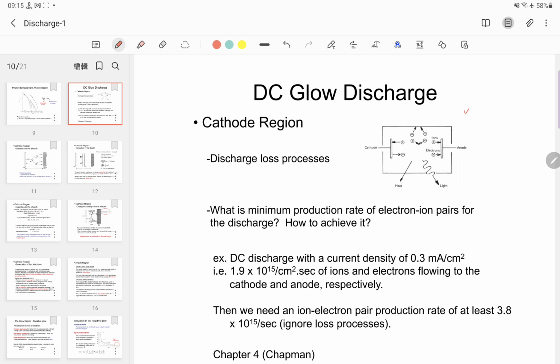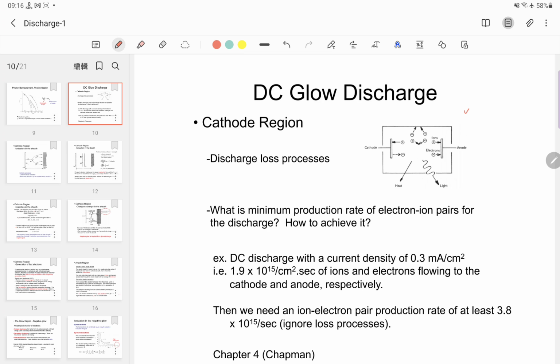If you operate a DC discharge system and apply a bias voltage and get the current flowing through from the anode to the cathode with a current density of 0.3 milliamp per centimeter square, and in this experiment the area of the cathode and the area of the anode are 1 centimeter square, then based on these conditions, one needs to keep a plasma charge flow of 1.9 times 10 to 15 per second across a unit area.